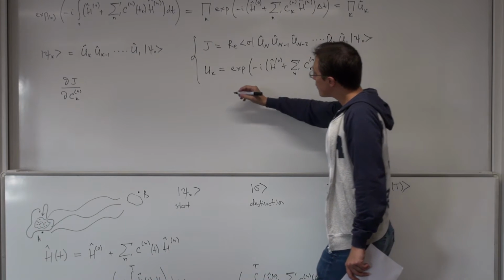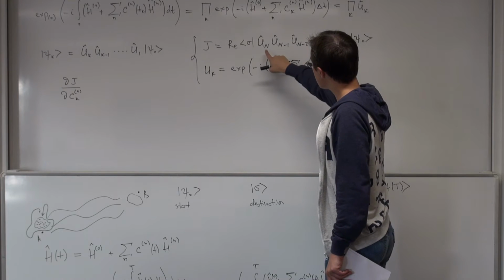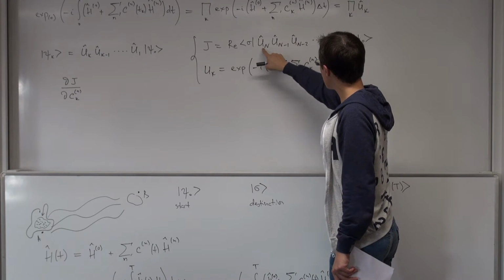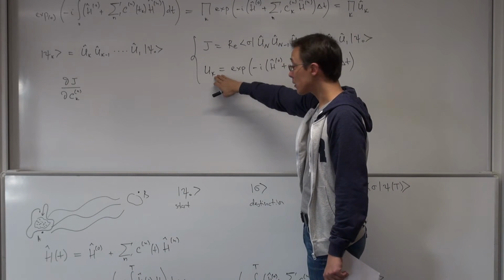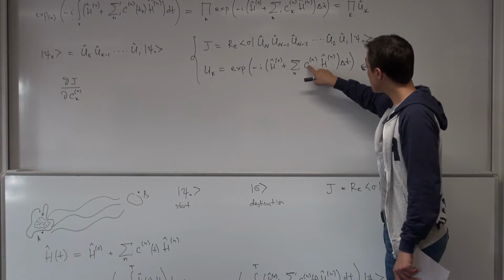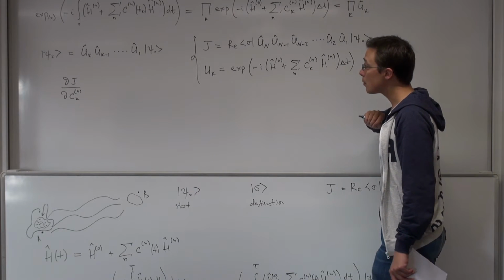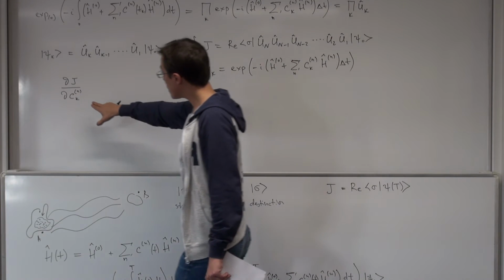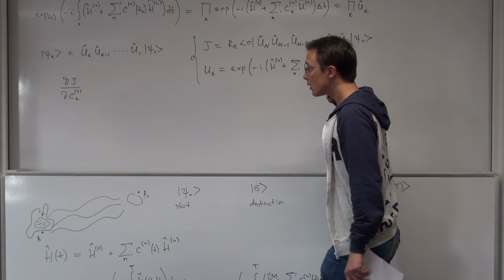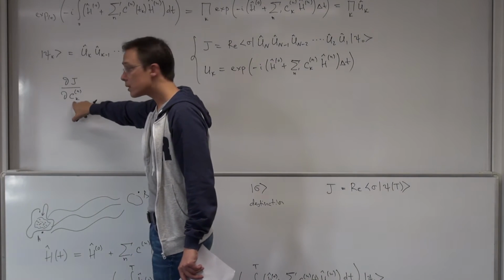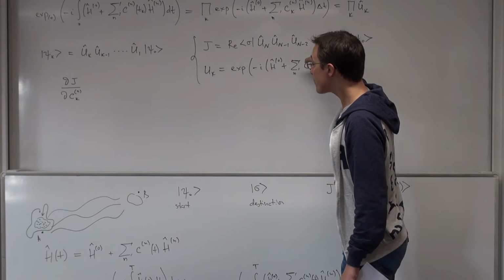If we look very carefully at this U_k, we would notice that out of these terms, U_n minus 1, and so on, this index occurs only in the coefficient, that is the control magnitude. And so the only propagator out of this entire set that actually depends on c_k is the k-th one somewhere here.